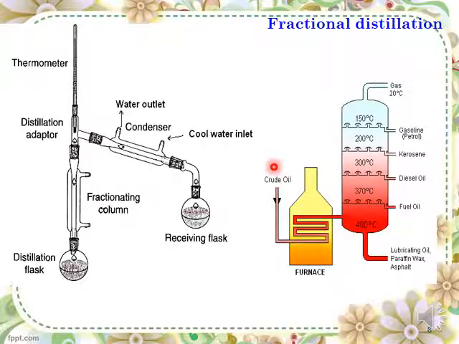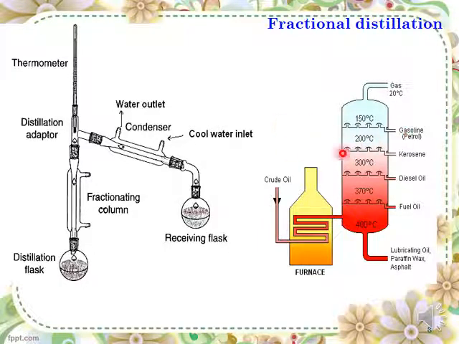So they obtain the crude oil. The crude oil is a mixture of many components, and what we want is probably one of the components. So how to separate the crude oil into its components? It undergoes fractional distillation.